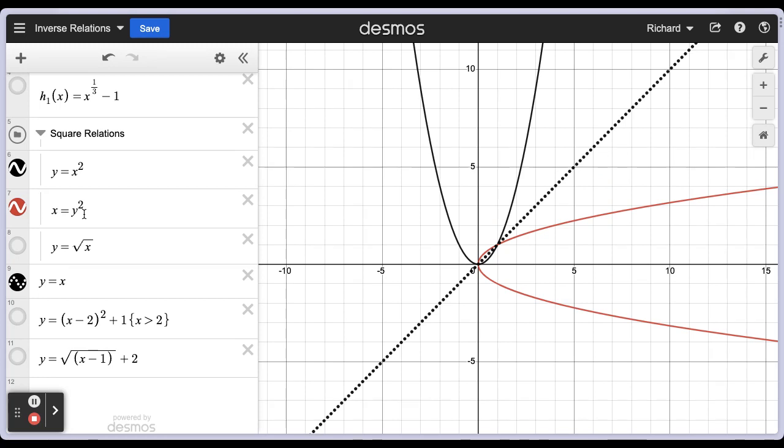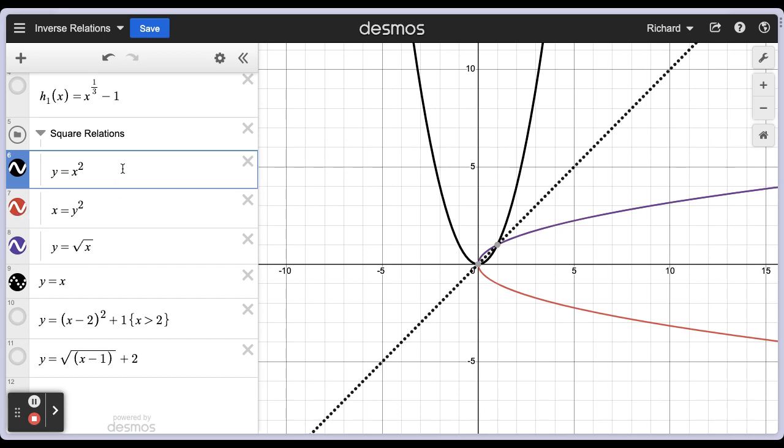If we look at y equals the square root of x, that's that purple line there. It's just that part there. So in order to get that purple line to be the reflection of this, we're going to have to restrict the domain of the original function. So rather than having y equals x squared, I'll leave that one on.